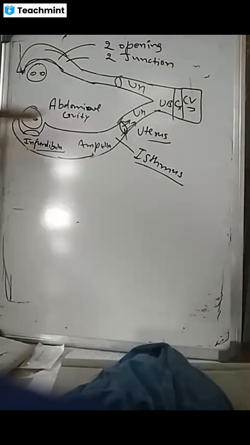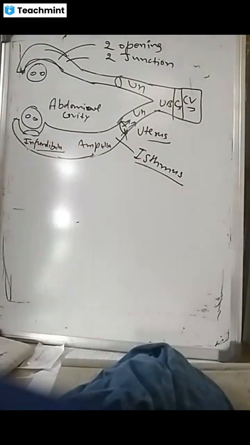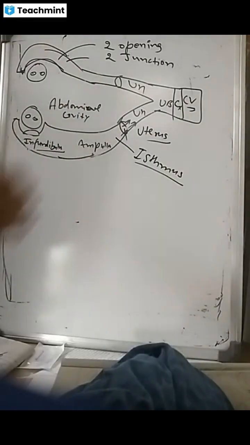So there are two openings, one opening into the abdominal cavity and the other into the uterus. There are three parts: infundibulum, ampulla, and isthmus.